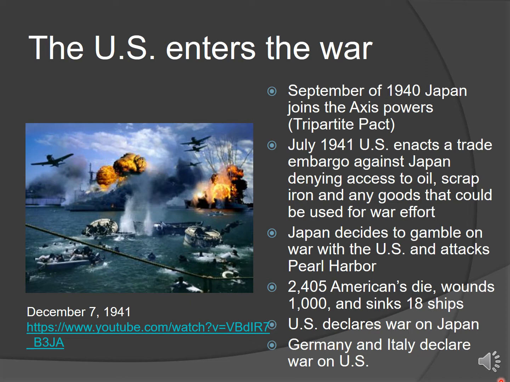And the reason for this is because Japan wants to invade the Philippines. It knows that the Philippines is a U.S. territory, so it figures if it can destroy the U.S. fleet in the Pacific, it will be able to carry out a successful invasion and occupation of the Philippines.